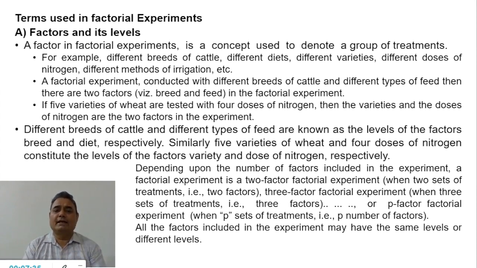Similarly, 5 varieties of wheat and 4 doses of nitrogen constitute the levels of the factors variety and dose of nitrogen respectively. So depending upon the number of factors included in any experiment, a factorial experiment may be a two-factor factorial experiment when two sets of treatments, that is two factors, are used.